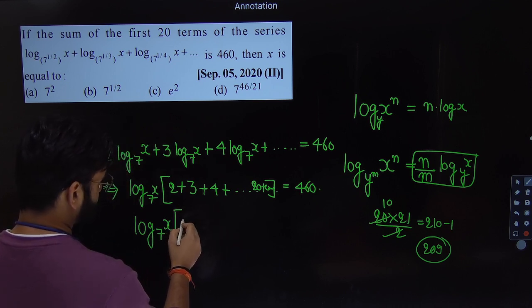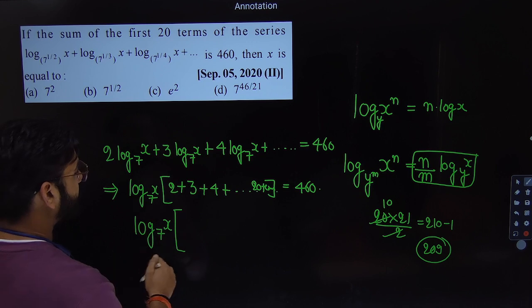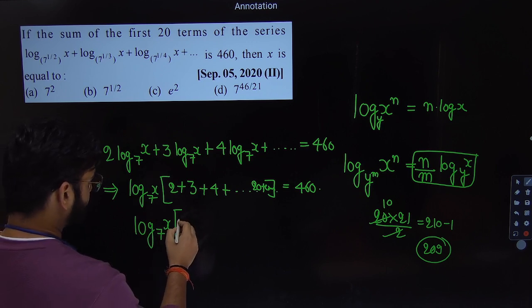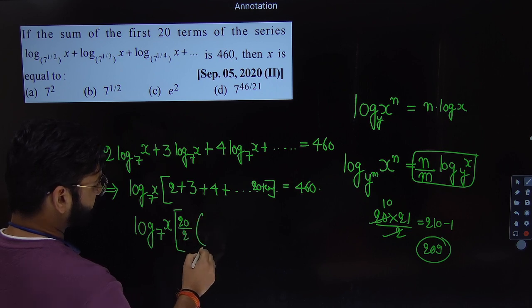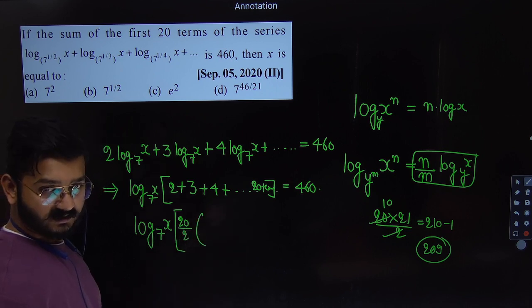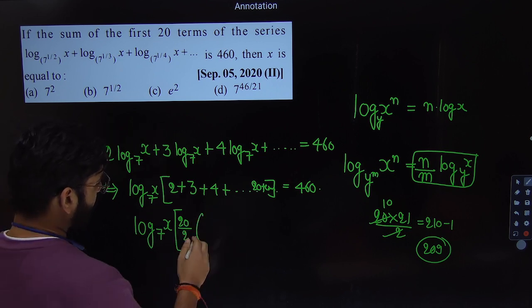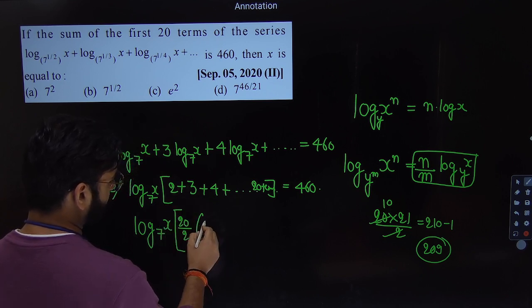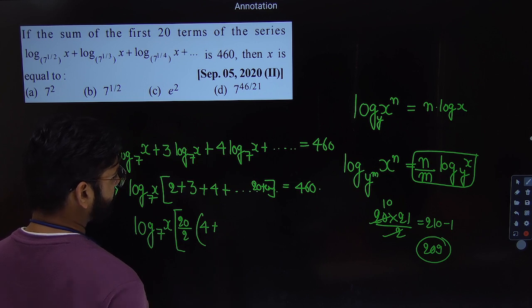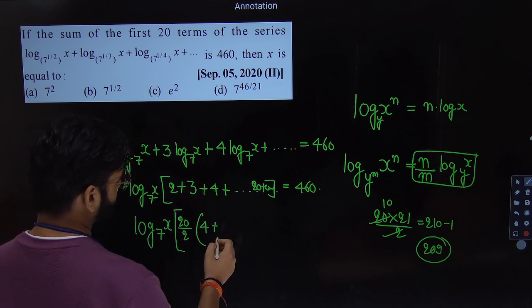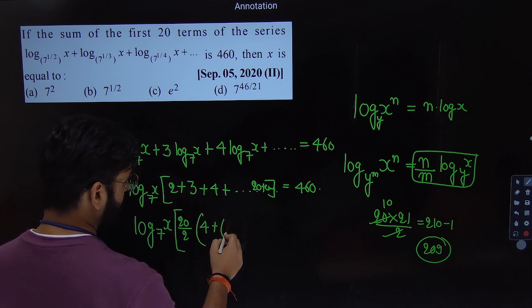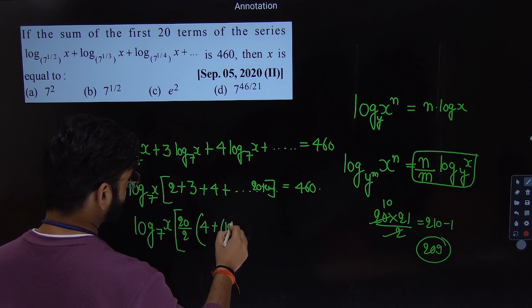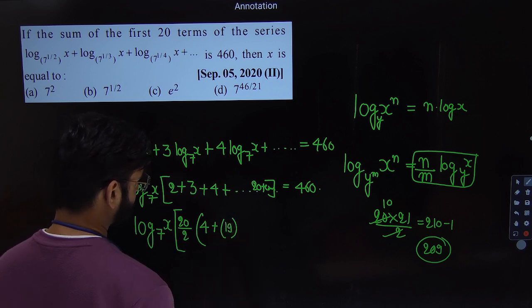So n by 2. How many terms are there? 20. So 20 by 2. You guys remember there's one more formula, A plus L. Or you can do 2A plus n minus 1 into D. So 2A is how much? 4 plus n minus 1. What is the number of terms? 20. So n minus 1 is 19. And what is the common difference?